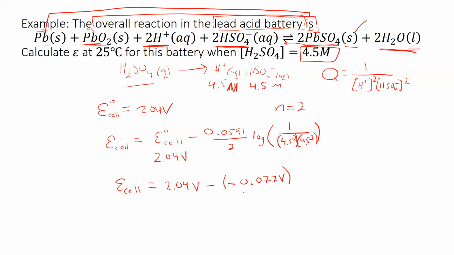So you're adding to your voltage here a small amount. And so your overall cell potential for a lead acid battery that has a 4.5 molar H2SO4 solution would be 2.117 volts.